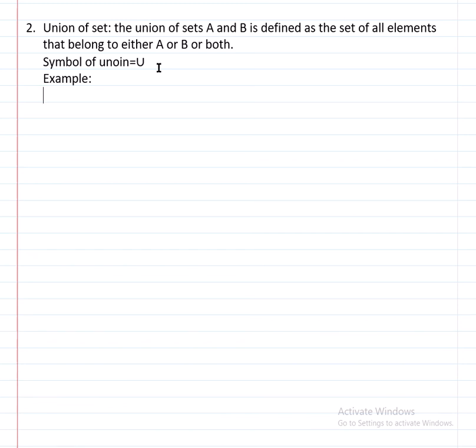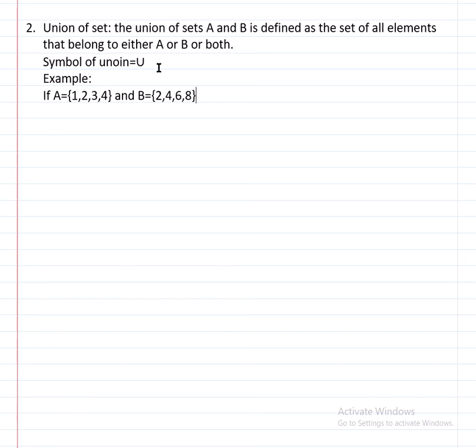So let's say set A equals 1, 2, 3, 4, and set B equals the set of 2, 4, 6, 8.